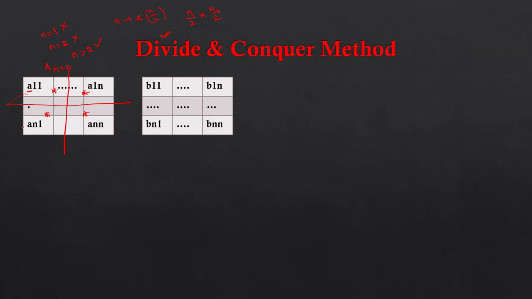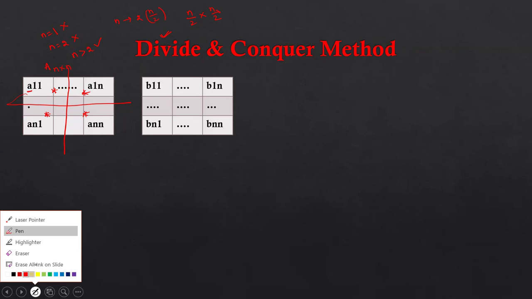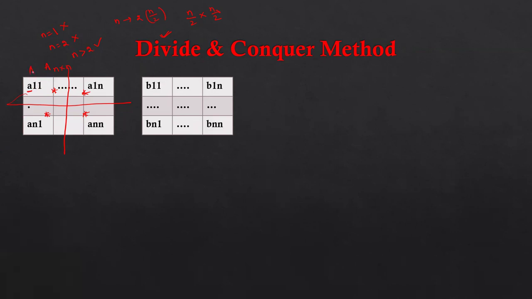Now I am going to give the representation. This is the entire A matrix, so I am going to represent it with capital A. When I write lowercase a11, it means an element.